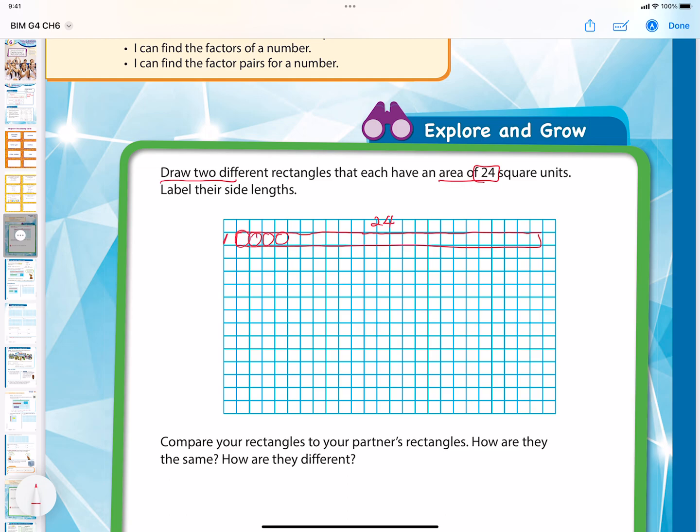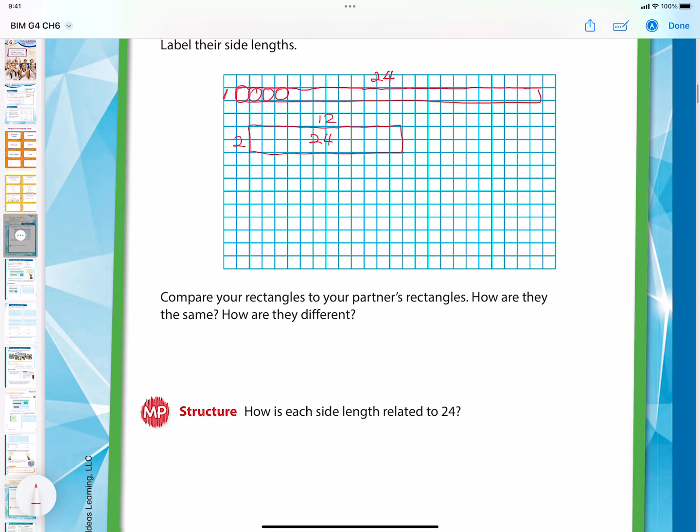So I'm going to go for 2 times 12. I'm going to count 1, 2, 3, up to 12. 2 times 12, we know what? Yes, 24. 24 square units are going to be inside. Now compare your rectangles to your partners. How is each side length related to 24?